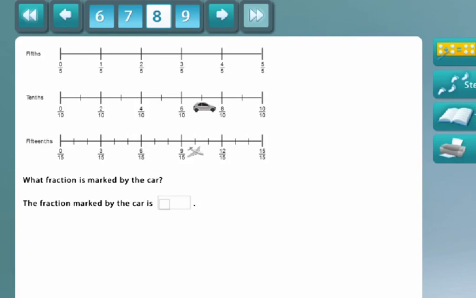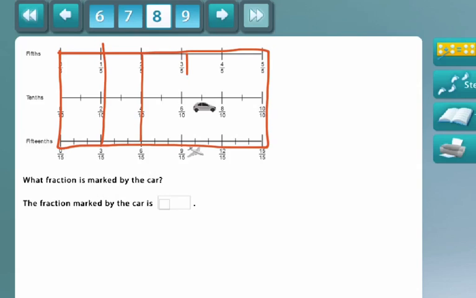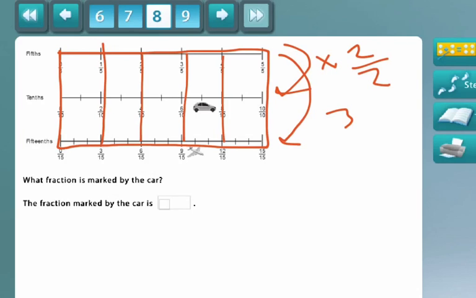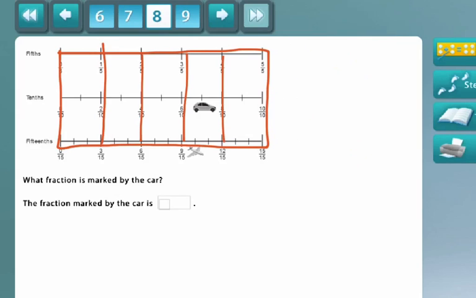Problem number 8, basically what you have here is you have 3 equivalent fraction models. So what I usually do on these is I draw a fraction comparison bar model like that, and I show equivalent fractions like that. So this fraction multiplied by 2/2 equals that fraction, and that fraction multiplied by 3/3 equals that fraction there. So they're asking what is the equivalent fraction for the car.